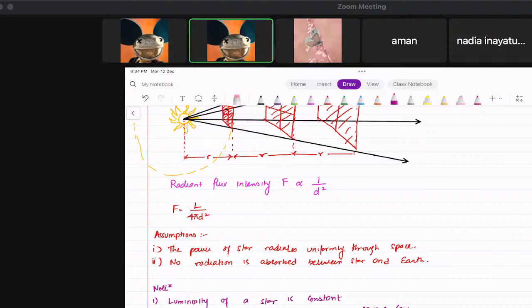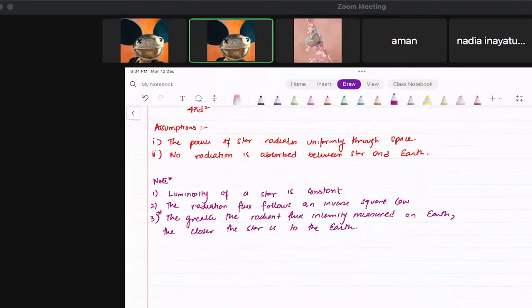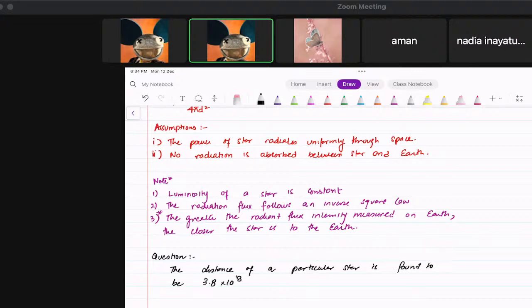Now, question please. In a question, it says that the distance of a particular star is found to be 3.8 times 10 raised to power 18 meters.